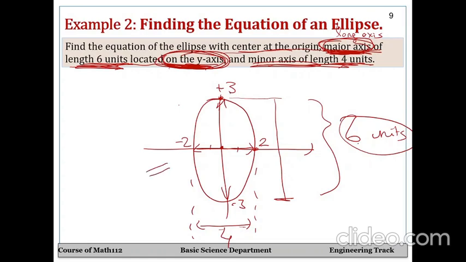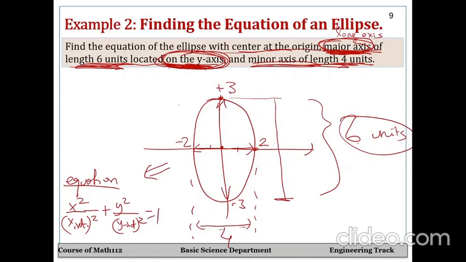Now, what's the equation? The equation is always x squared over the x-intercept squared plus y squared over the y-intercept squared equal to 1. Take one of the x-intercepts, it is 2 or minus 2, whatever you put here.